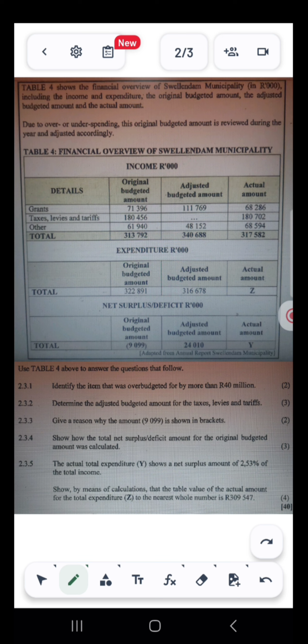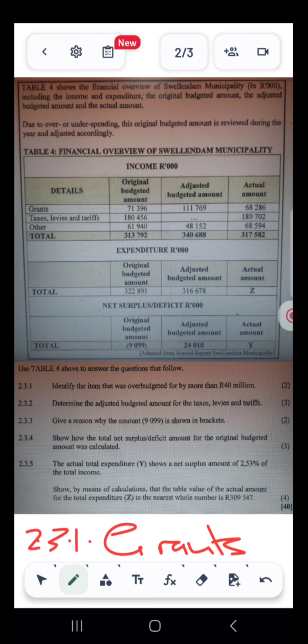So when you say 111 minus 68, you'll find which line the difference was above 40 million. So our grants were the ones that were over budgeted for, right? So the answer is grants, over budgeted for by over 40 million, where the actual amount was over 40 million less than the budgeted amount.